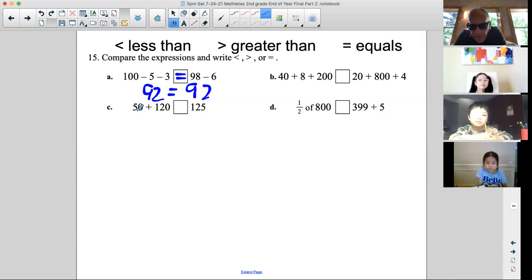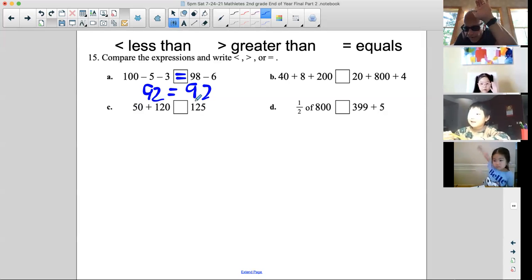Now, what about the next one? 50 plus 120 and 125. Which one is bigger? Is 50 plus 120 less than, greater than, or equal to 125? Raise your hand if you know. Okay, on 3. 1, 2, 3, go.